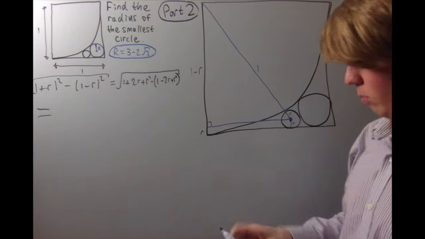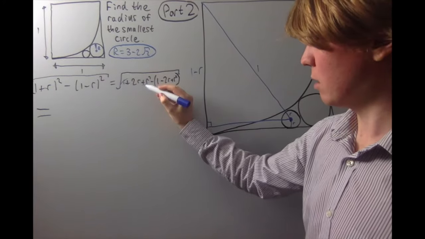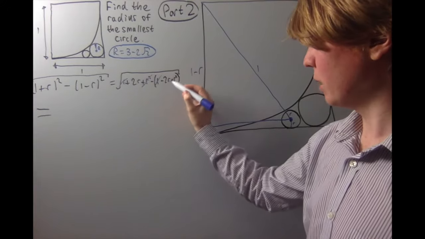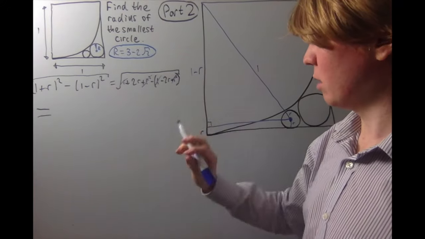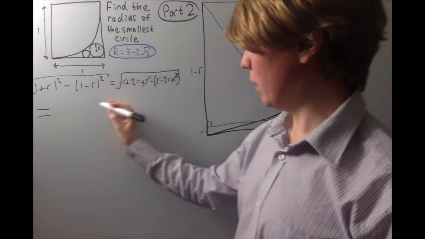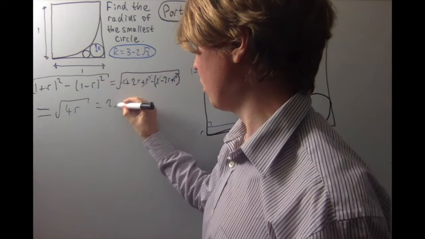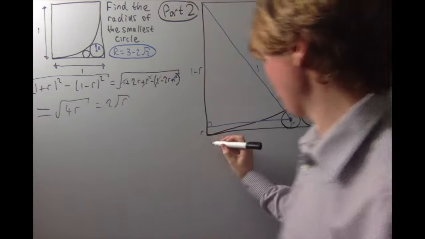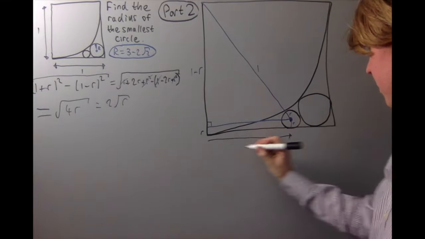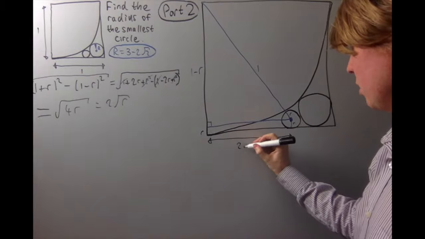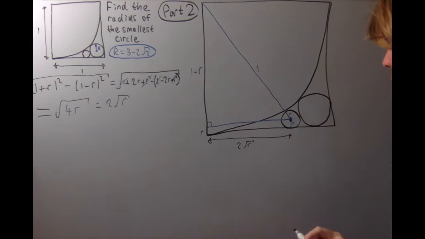Okay, and then we'll actually see here several of our terms are going to cancel, which is very nice. 1 minus 1, r squared minus r squared. All that we're left with then is the square root of 4r, which is 2 root r. So what that tells us here is that this length is 2 root small r.